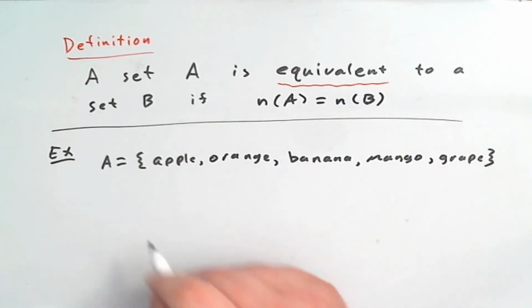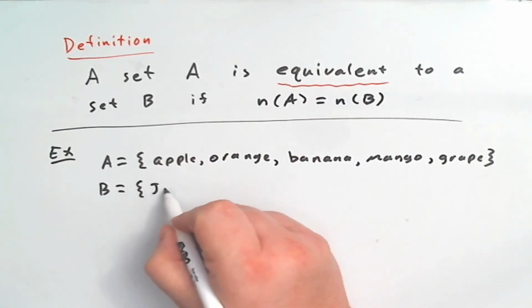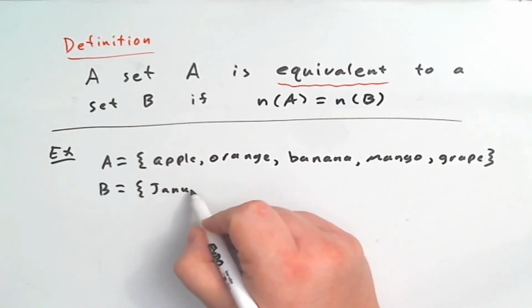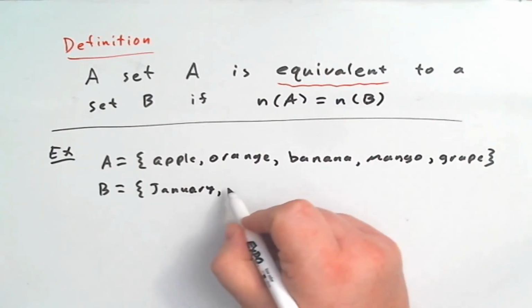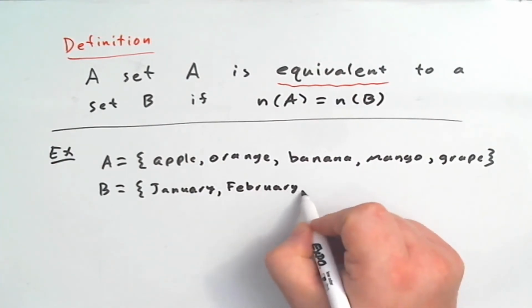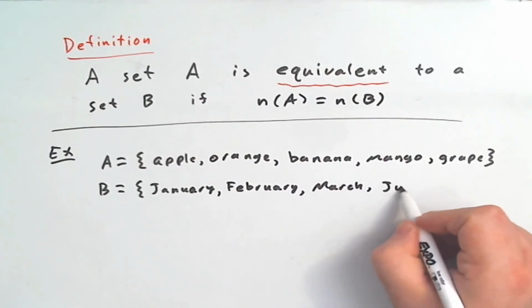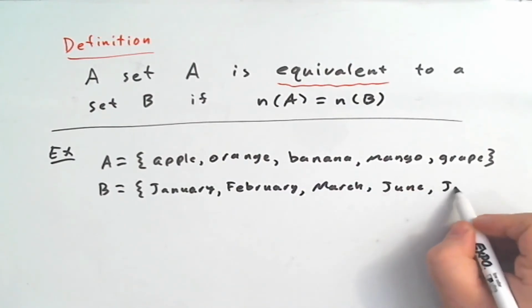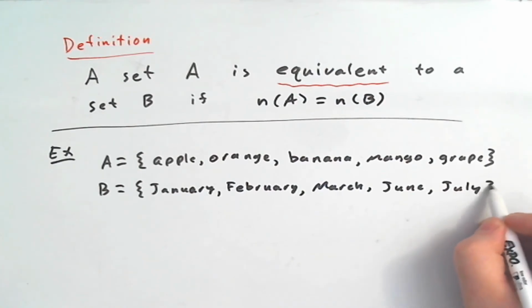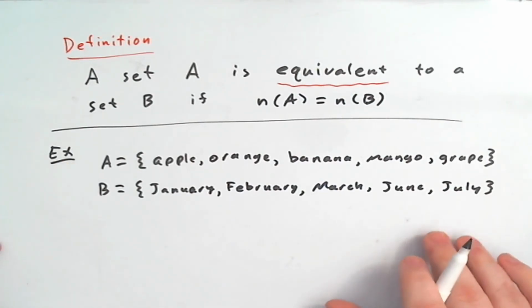And let's say we define the set B as the set January, February, March, June, and July. Now, clearly, A and B are not equal.